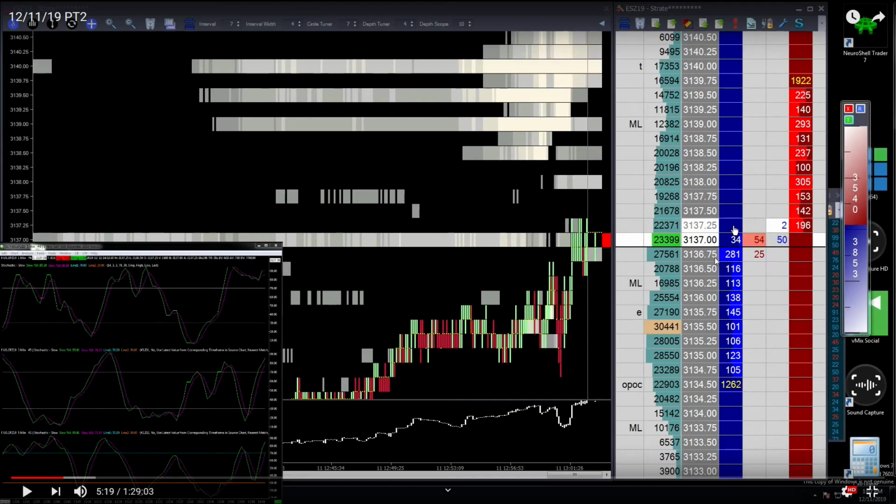So when this is getting hit, this is firm. There's still a cap. A cap of 210 ask is sitting at, what price is that? 3137.25. So there's still a cap here.